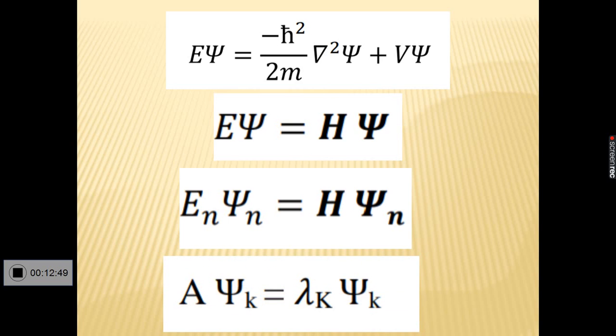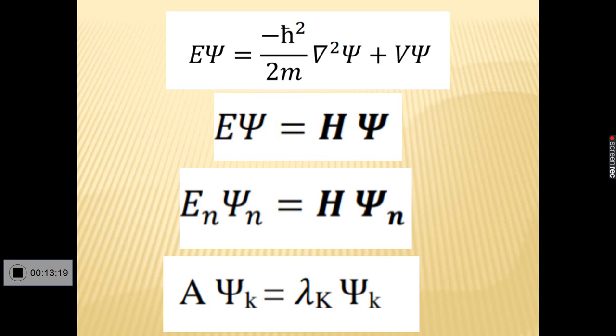If the momentum operator operates on a wave function and gives the same wave function multiplied by a constant, then the wave function is the eigenfunction of the momentum operator, and the multiplicative quantity is the eigenvalue of the momentum operator.